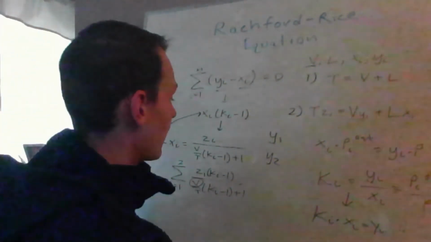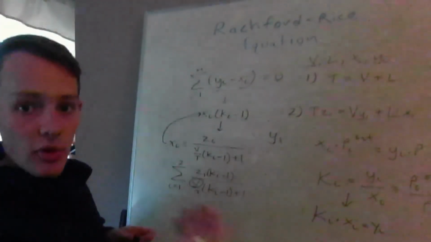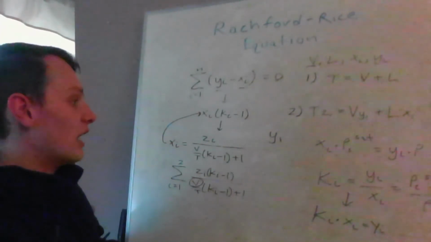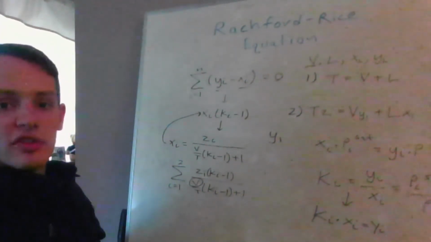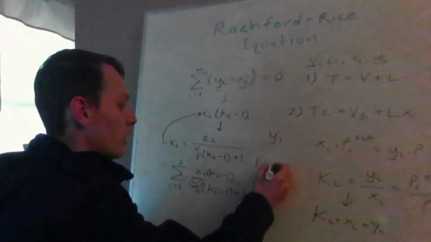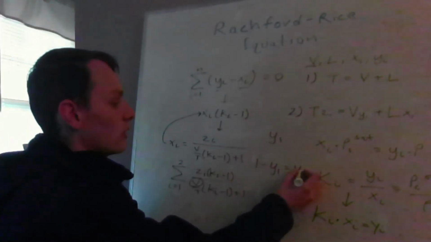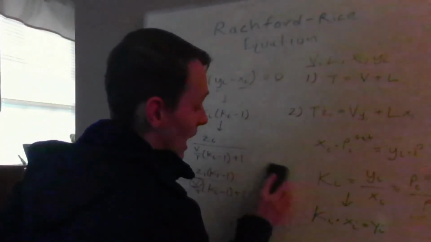But what I should have said, actually, is we'll find the mole fraction of benzene in the vapor phase and the mole fraction of benzene in the liquid phase. You can also find the mole fraction of toluene in the vapor phase and the liquid phase by doing, obviously, 1 minus y1 equals y2, right? So that's extremely cool, I think.